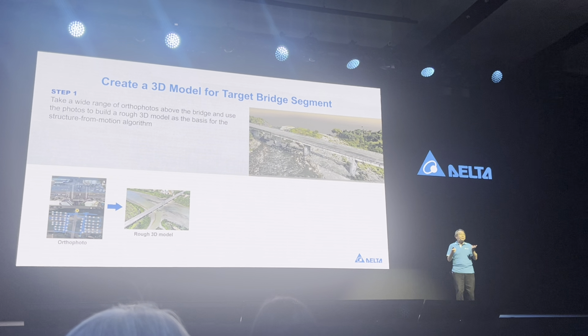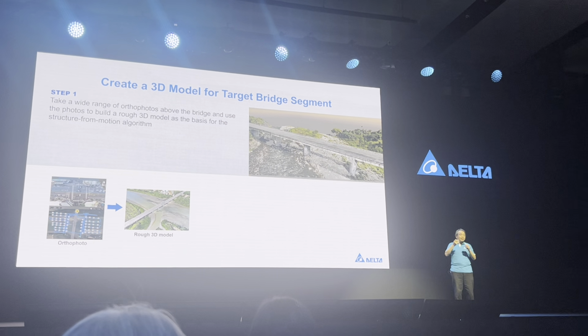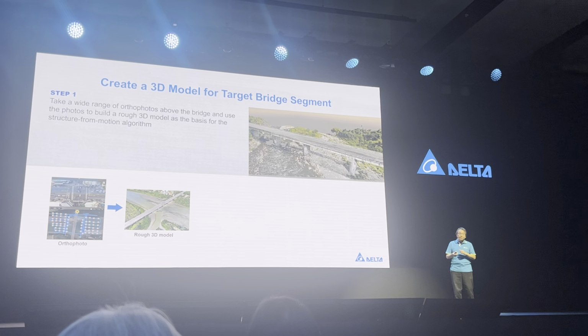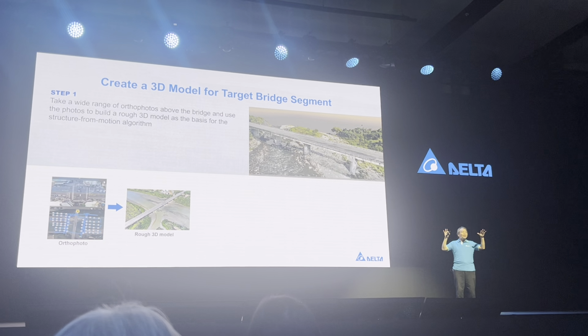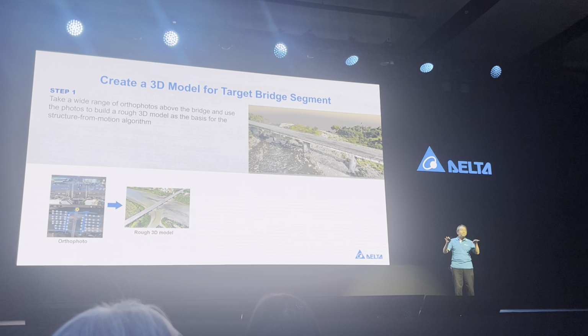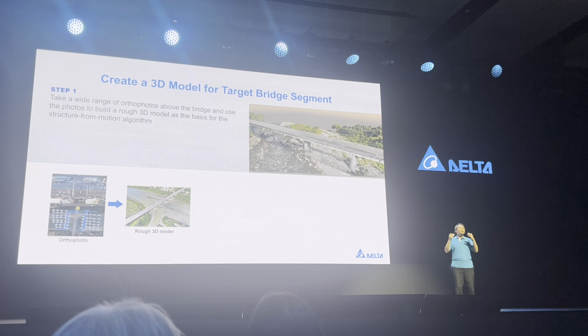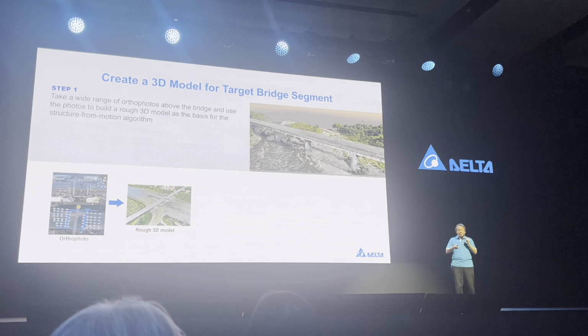So how do we create a 3D model? Given a target bridge segment that you want to inspect, first we take a set of pictures at that bridge segment at a well-defined angle and well-defined distance to create something we call a rough 3D model. And then that's where magic comes in.